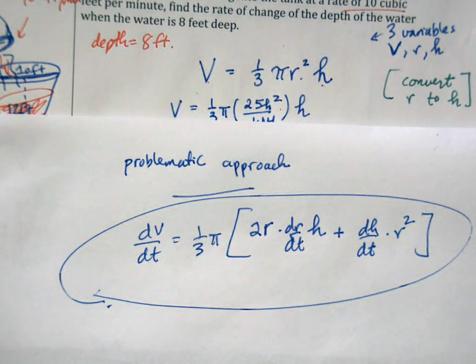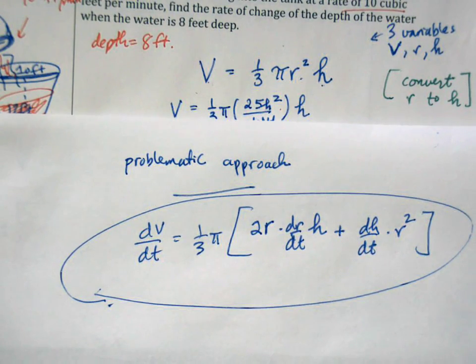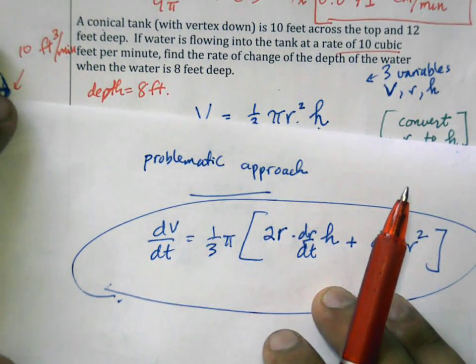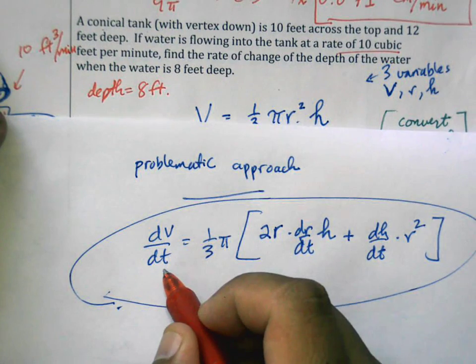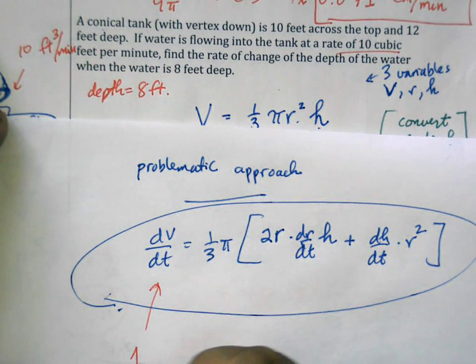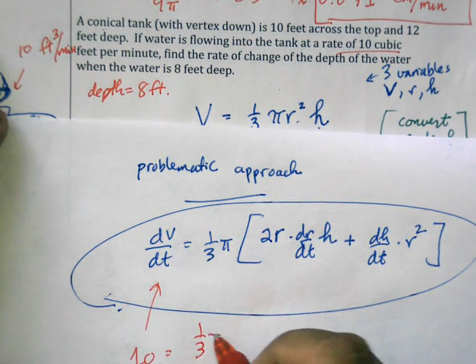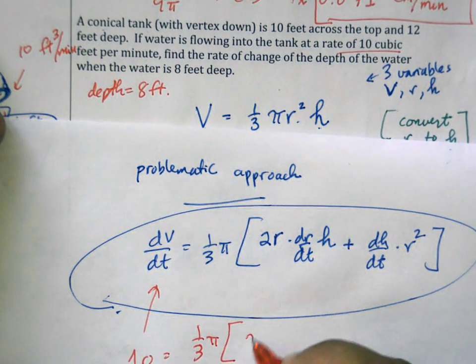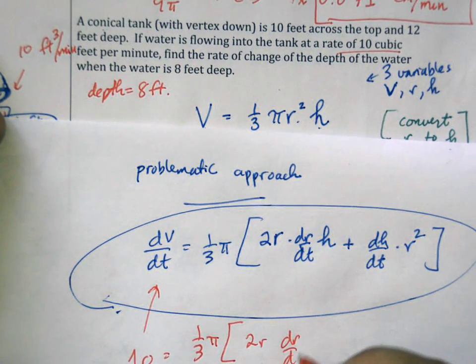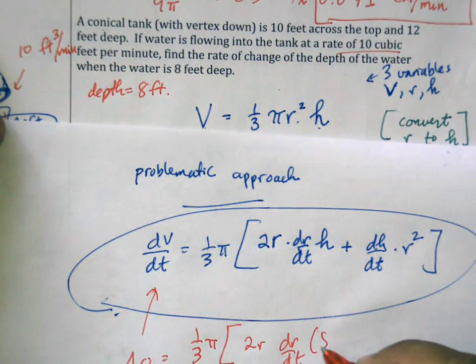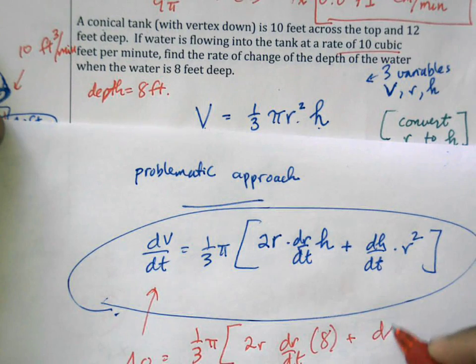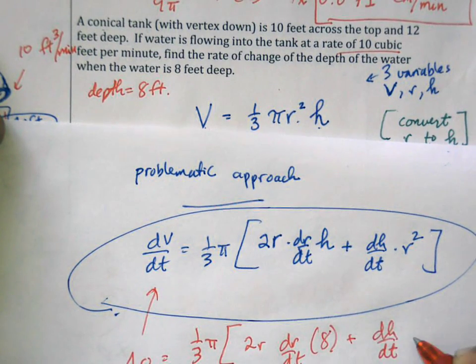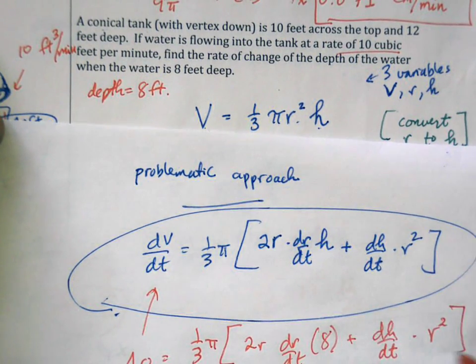However, you can try and solve for certain things here. So let's look at dV dt. We know that this is 10. This is 1/3 pi still. 2r, we'll get back to that in a minute. We know that h is 8, plus dh dt, that's what we're looking for, times r squared.